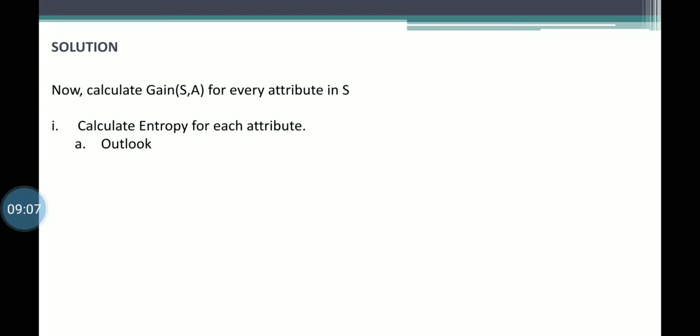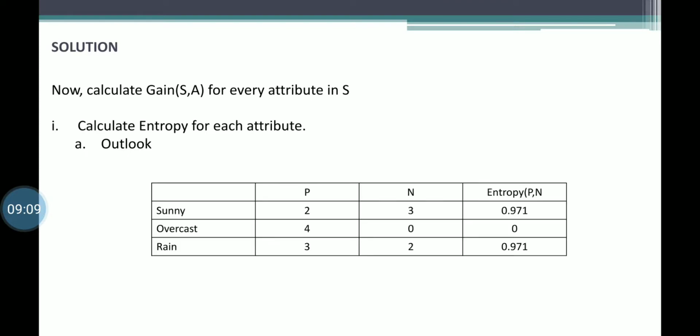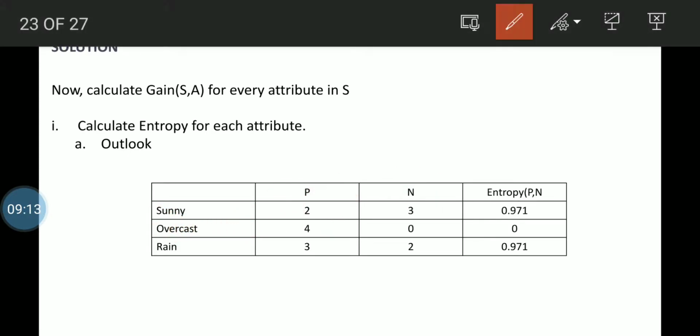So we have all the entropy values now, and we also have the total number of samples. SV here means samples having sunny as the value. So SV is equal to 5.